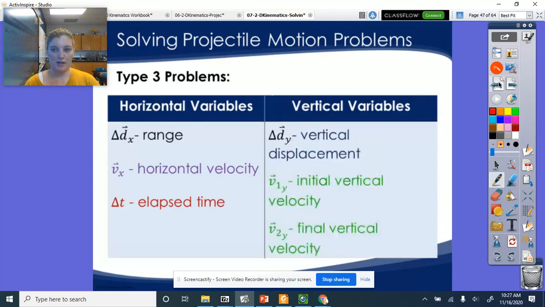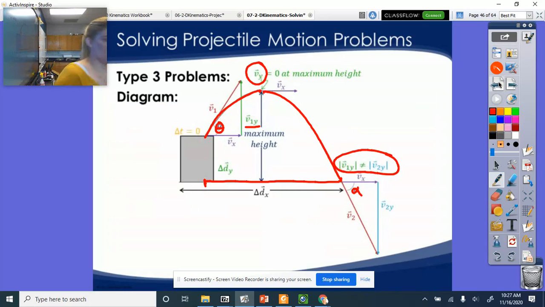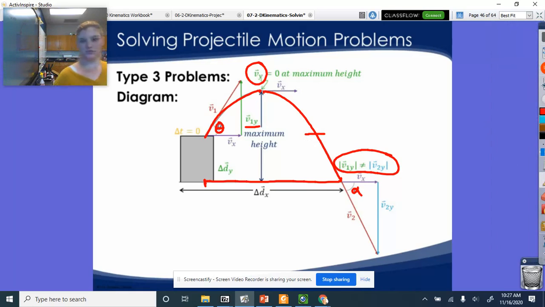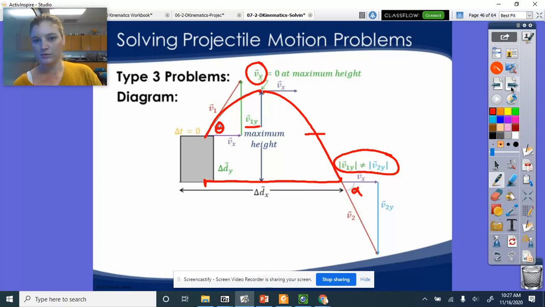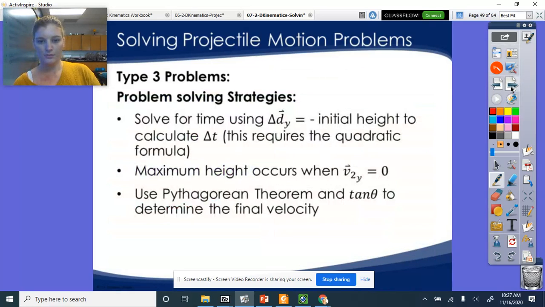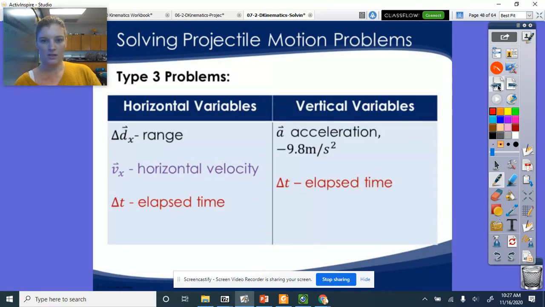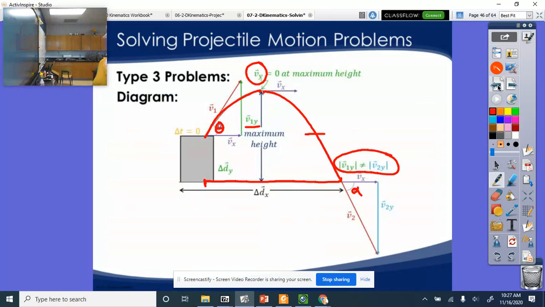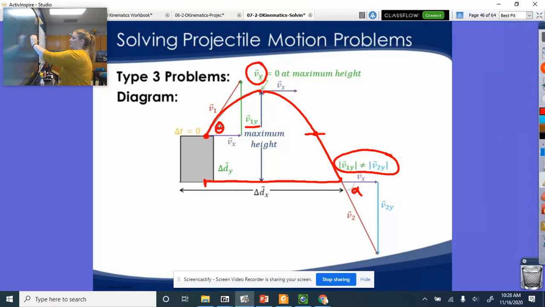So what we're talking about with the negative initial height is my displacement, I just want to make sure I read it right, from here to here, that displacement in the y is 0.